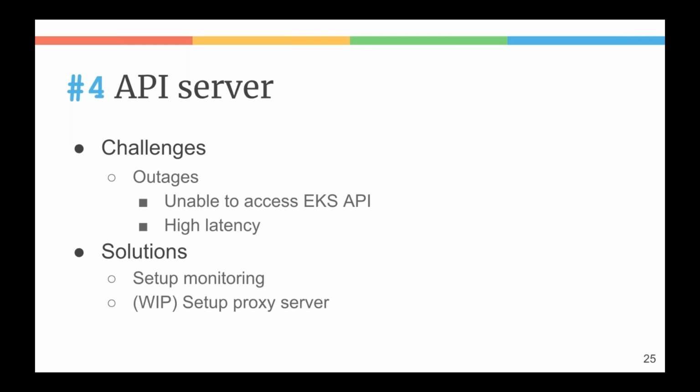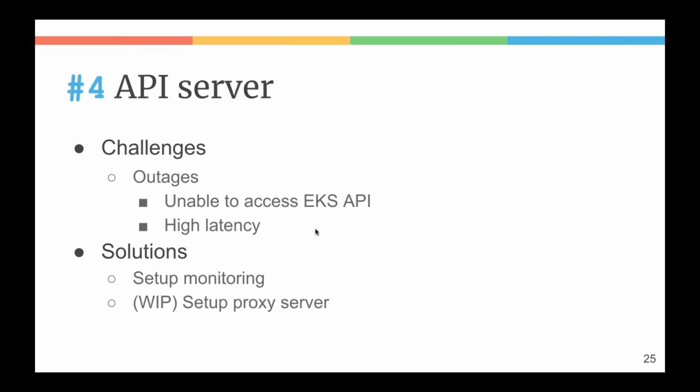The problem here is we never paid attention to the EKS API server before, because we thought it's managed, so we don't need to worry about it, which, yeah, was a big mistake.